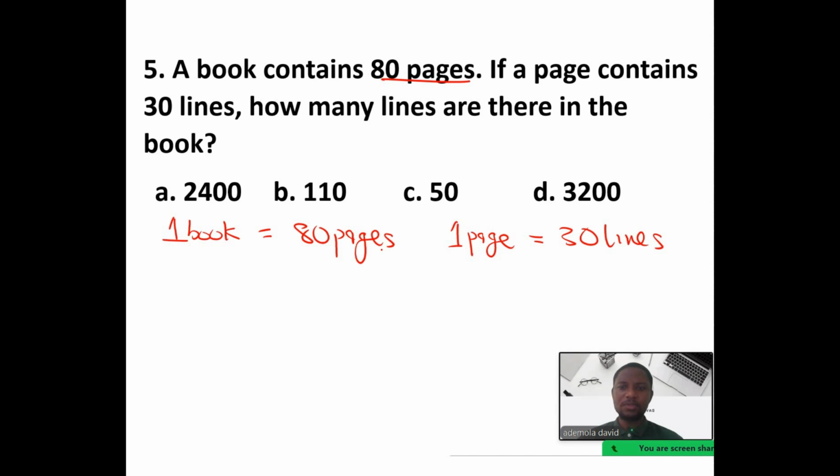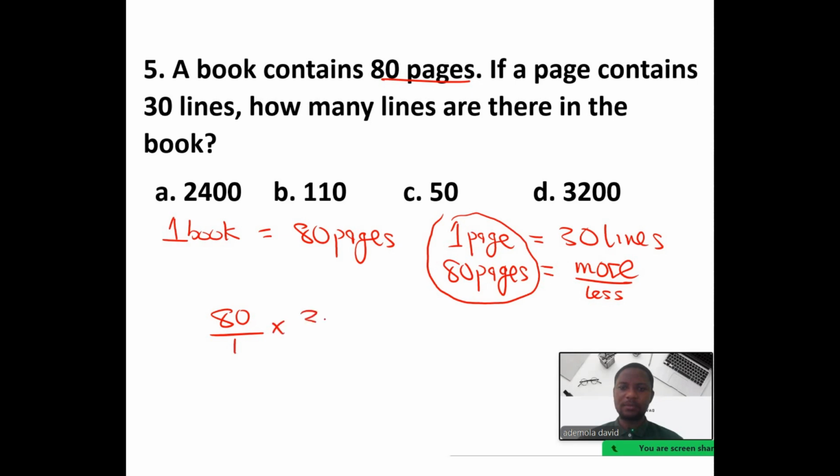So all we do is to use proportion to sort out this, because we have 80 pages, which we know will definitely be what? More if one page is 30 lines. So more over less. So which one is more between those two? 80 is more, so you write your 80 over 1 times 30 lines.